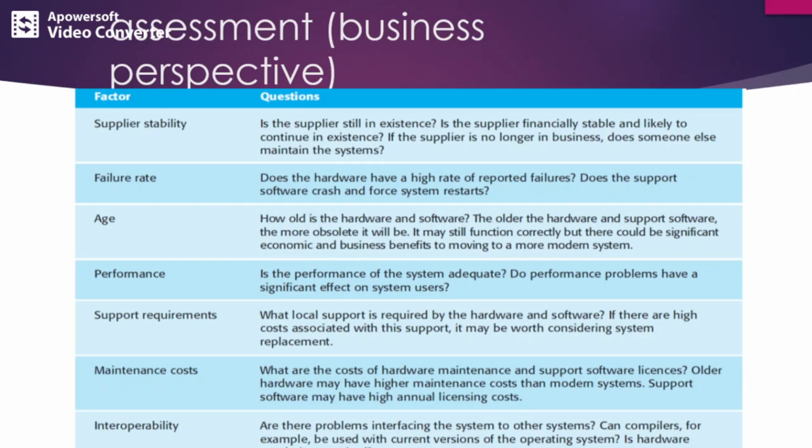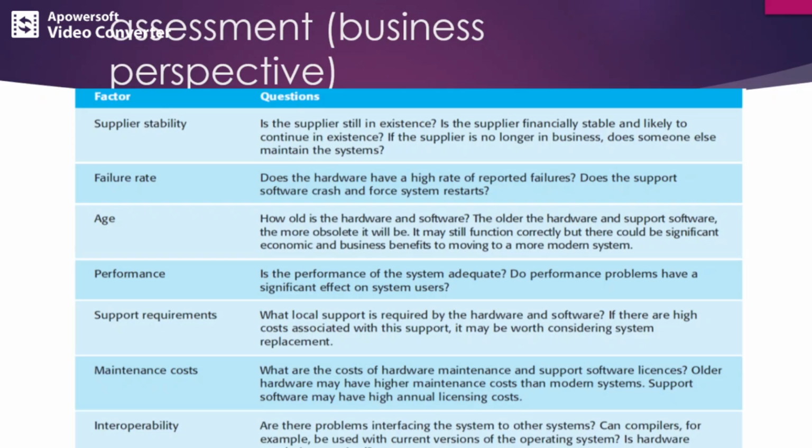So you need to see, is the supplier still in existence or not? And you have to see also, is the supplier financially stable or not? You need to see whether the supplier is financially stable and likely to continue in existence.